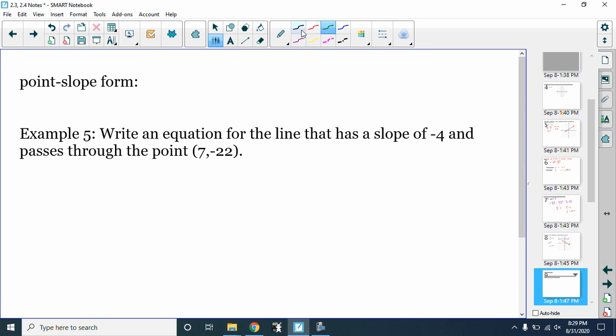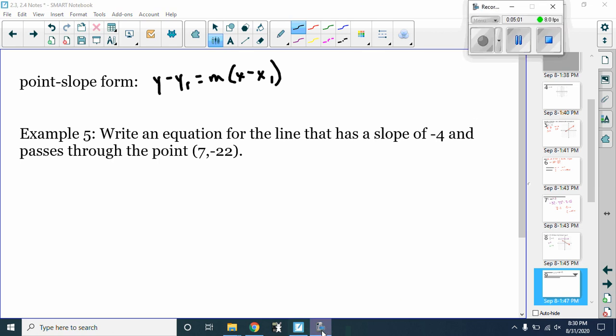Point-slope form. Point-slope form is used to write equations of lines. It is y minus y sub 1 equals slope times x minus x sub 1. So the example that's given here wants an equation of the line that has a slope of negative 4 and passes through the point 7, negative 22.